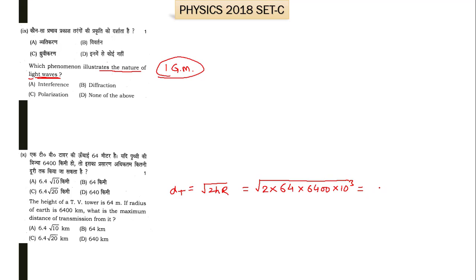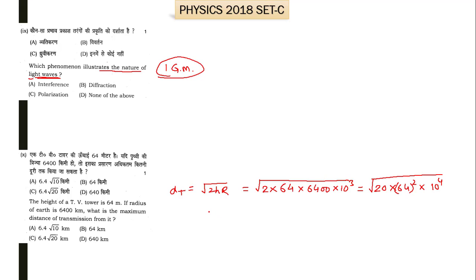Now solving this, that is 2 into 64 squared I can write, and solving this, that is 10 raised to the power 3, and 2 zeros are there, 1 zero I am taking from here, that is 10 raised to the power 4 under the root.